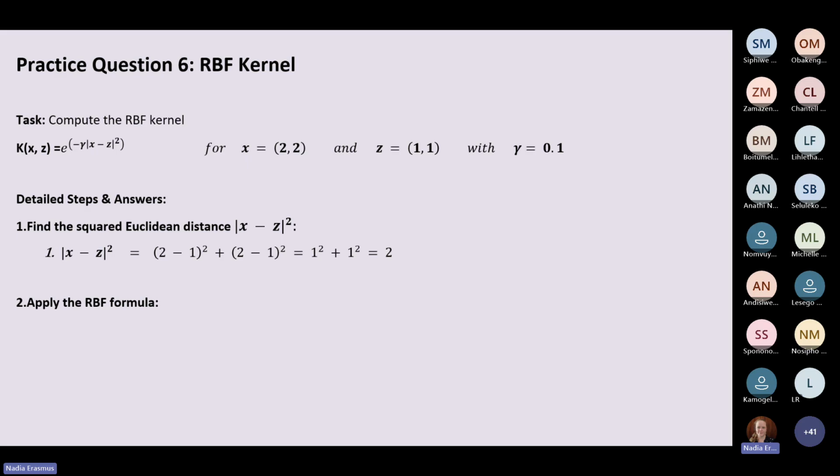So you get your Euclidean distance squared: the x's minus the z's squared, added together. We have 2 minus 1 squared plus 2 minus 1 squared, which is 1 squared plus 1 squared, which is 2.